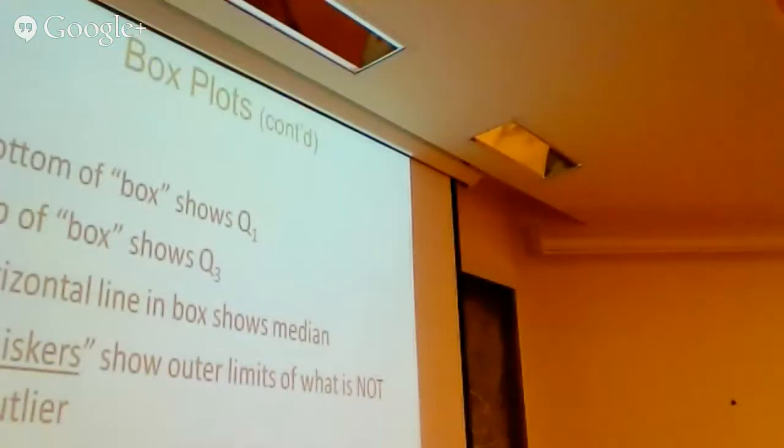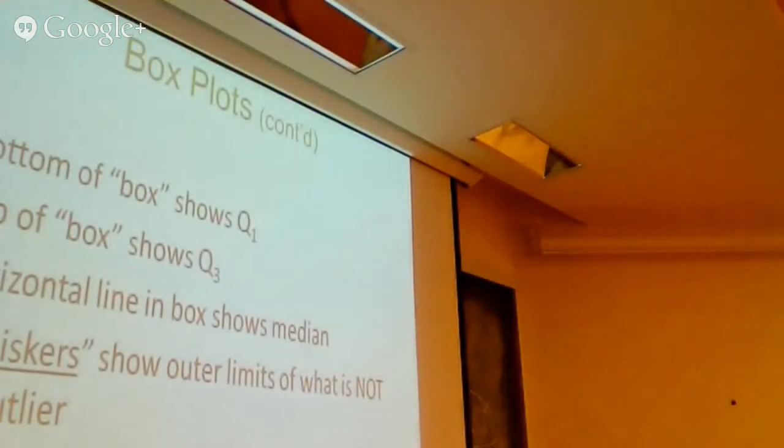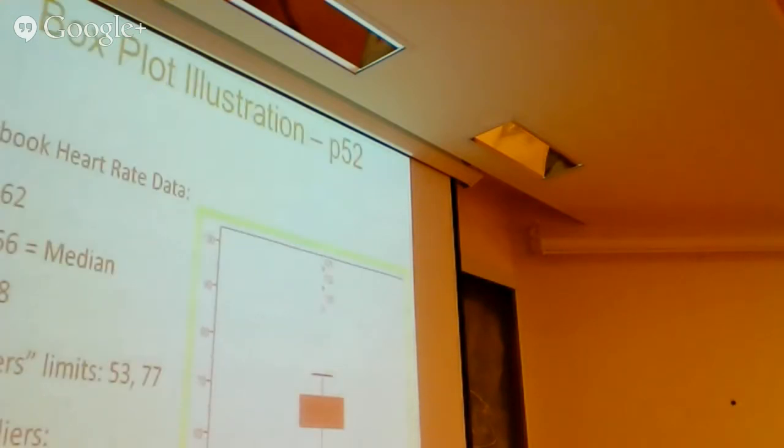In SPSS, if you ask for a box plot, it'll give you a circle to show a mild outlier and an asterisk to show an extreme outlier. Here's an example from SPSS. So this is, I don't know, let's say that's age or something. This is your data. Here are the range of data that is not outliers, here to here. This is your interquartile range.